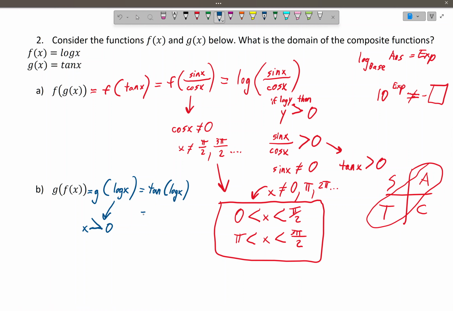And we know that tan x is really just sine x over cos x. So that means that cos of log x cannot equal 0.